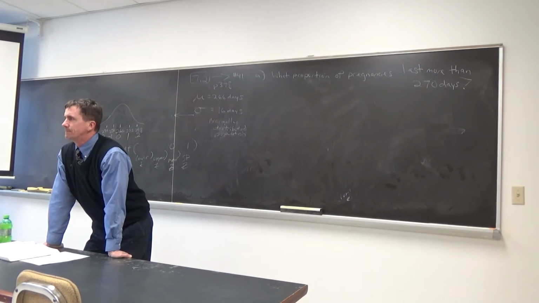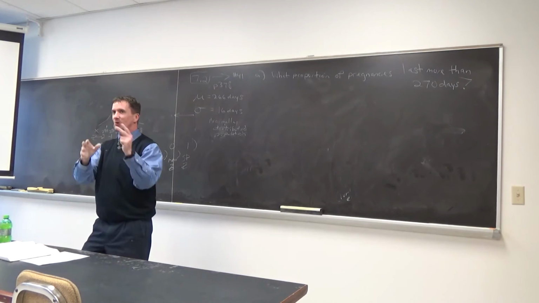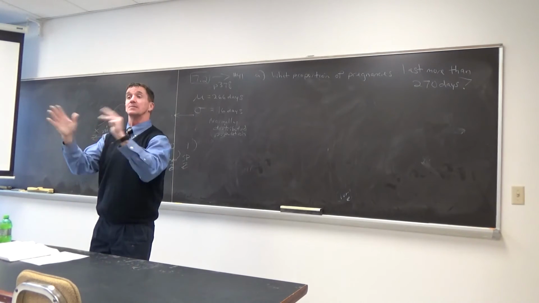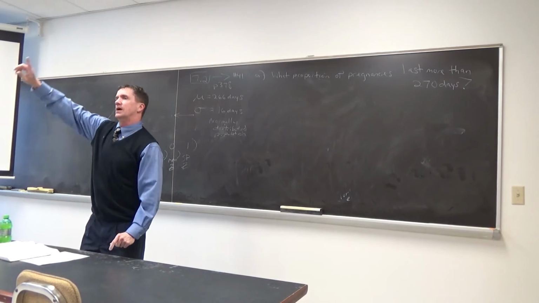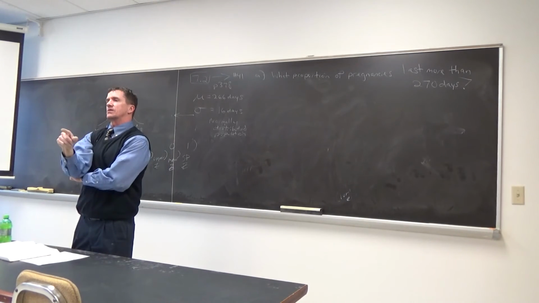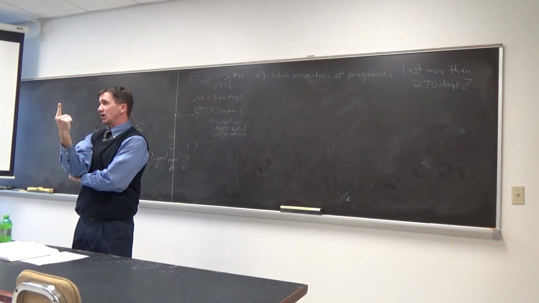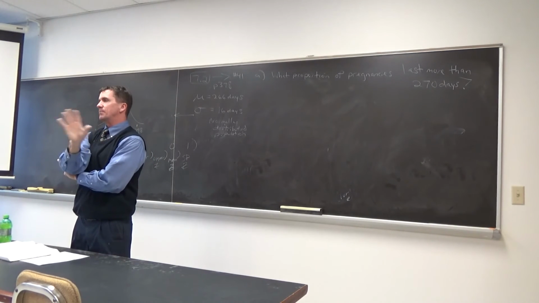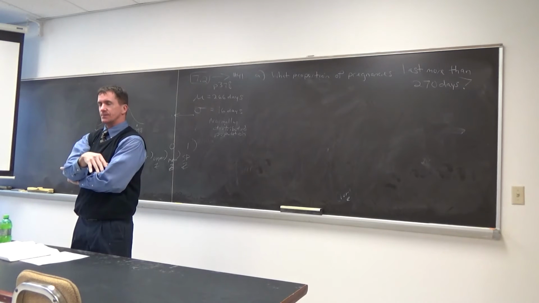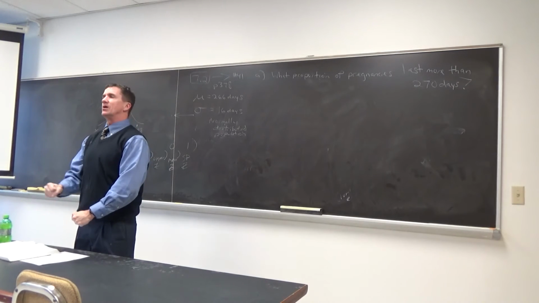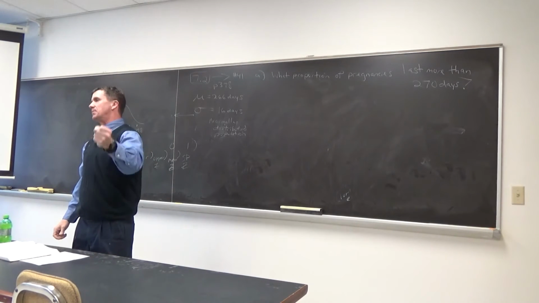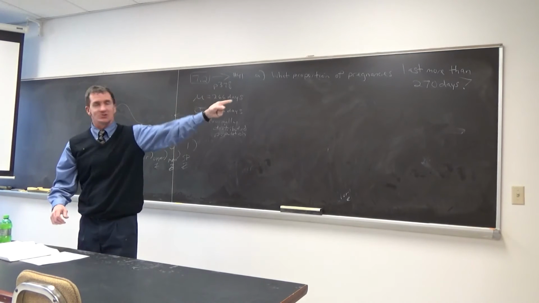Sometimes they word this question a little differently, so I want to present it that way. That way nothing tricks you on tests, right? Sometimes the wording's a little different, but it means the same thing. What if I said this? When I went over to Anne Arundel Medical Center, and I randomly picked one woman who's pregnant from a list, what's the probability that that randomly chosen woman's gestation period lasts more than 270 days?